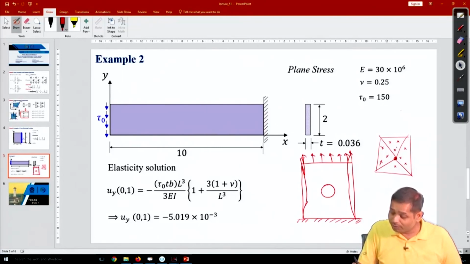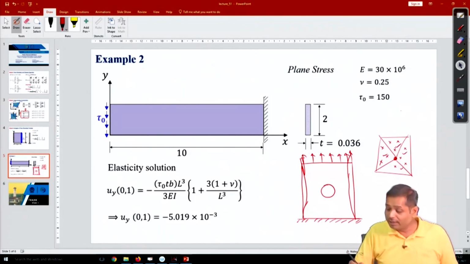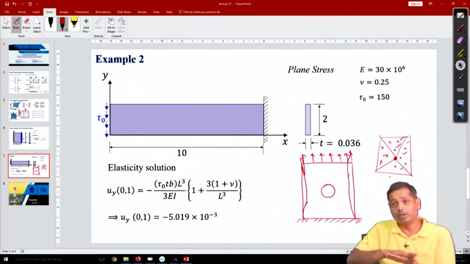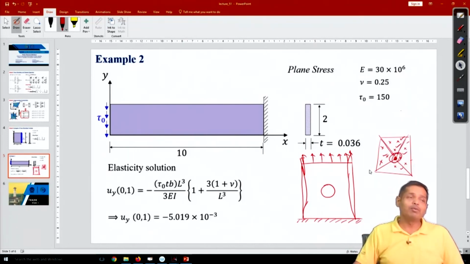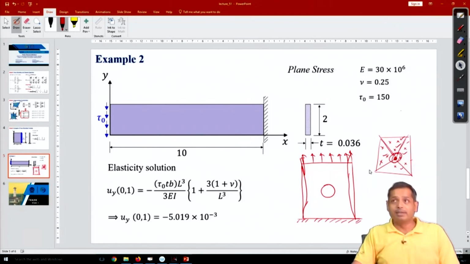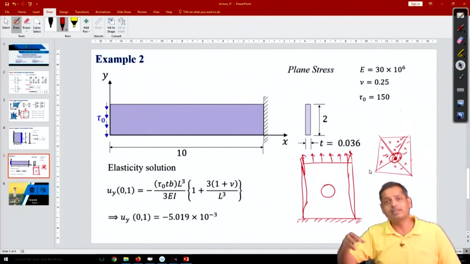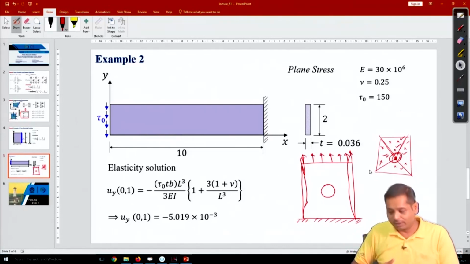You will have contributions from this element, this element, this element, and this element, and you will see that the contributions are different, which is obvious because the derivatives will not be continuous at this junction, at the inter-element boundaries. So one way to get the stress at the nodal point is to average the values obtained from the different elements. But that will give you an average stress at the nodal point.